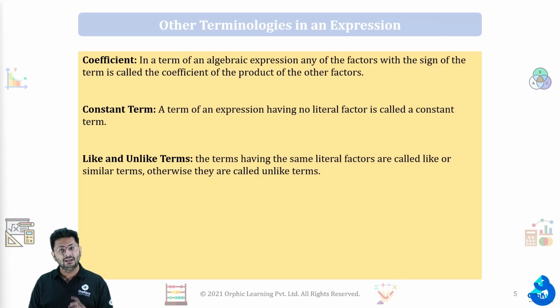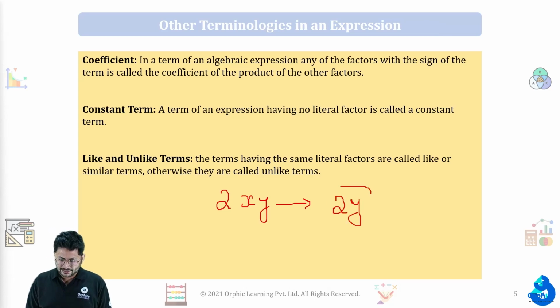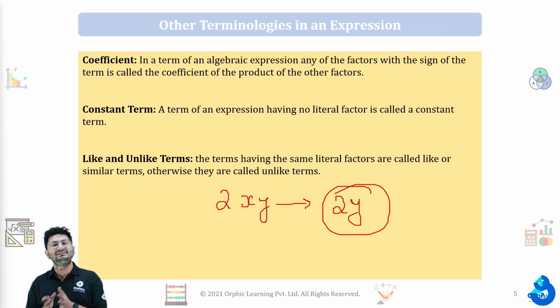For example, in the last one we have taken 2xy. So if I ask you what is the coefficient of x. In this, the coefficient of x is the number or the variable which is multiplied by x. So in this we can say x के साथ क्या multiplied है? 2y. So that's how 2y is the coefficient of x in this.